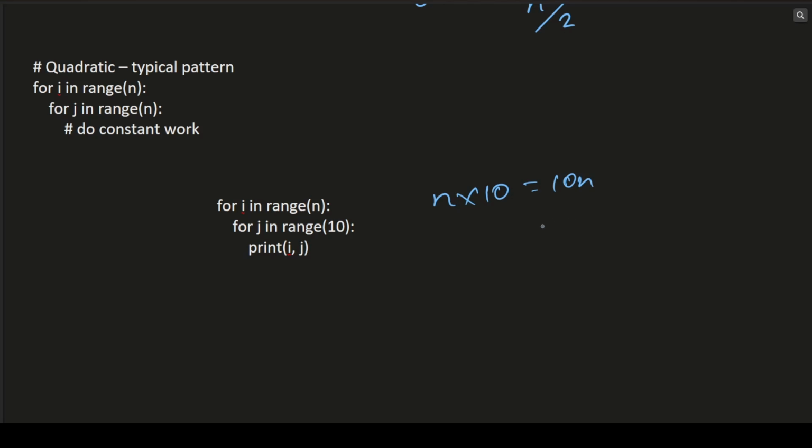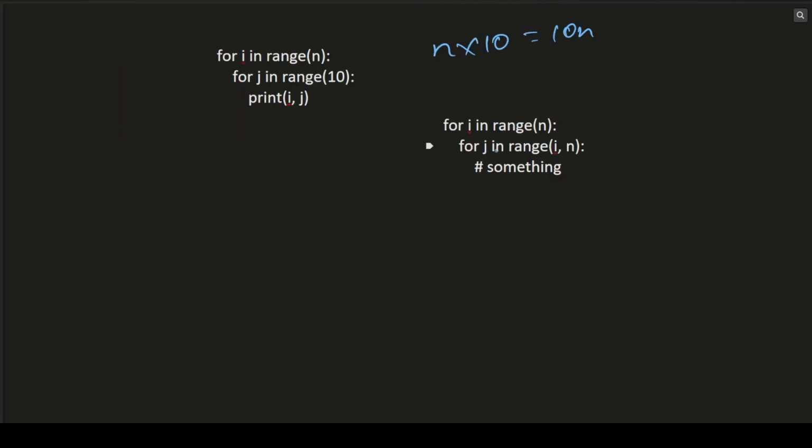So it is linear, not quadratic. Here is another tricky case. Even though j starts from i, the total number of iterations is about n squared by 2, so it's still quadratic. So the rule: if the number of times the inner loop runs depends on n in a way that multiplies with n, it is usually quadratic. If the number of loop iterations is fixed, like 10, it is linear.